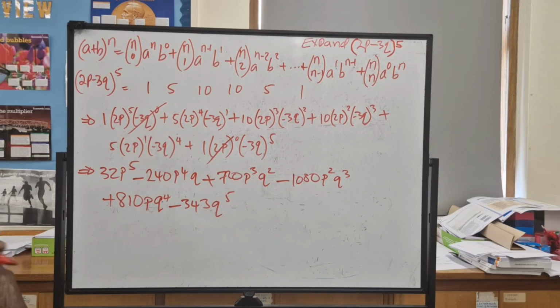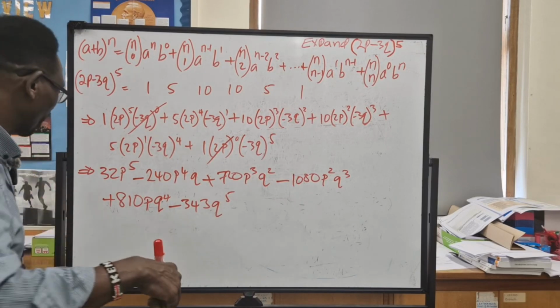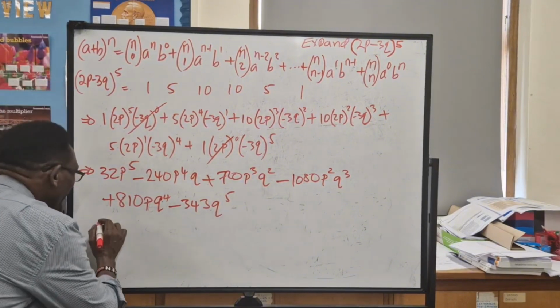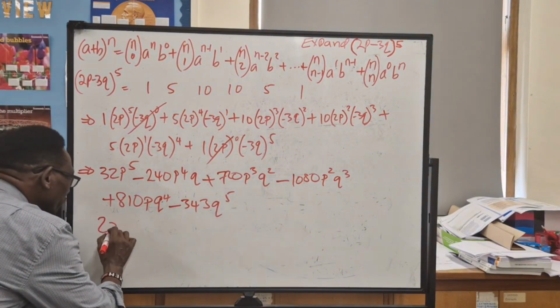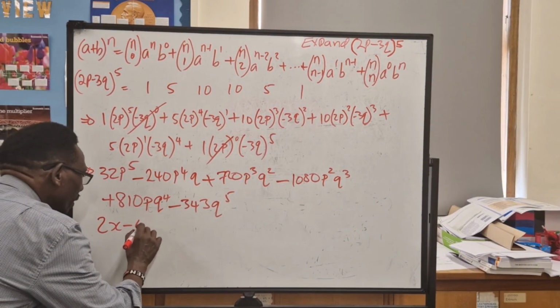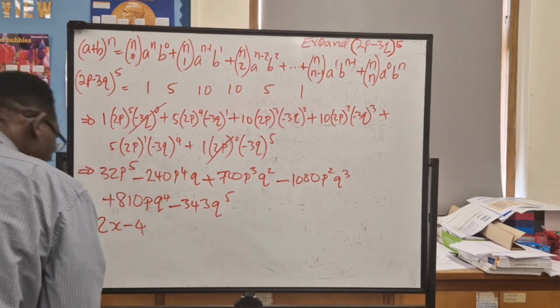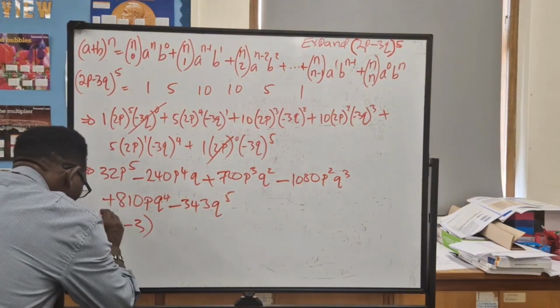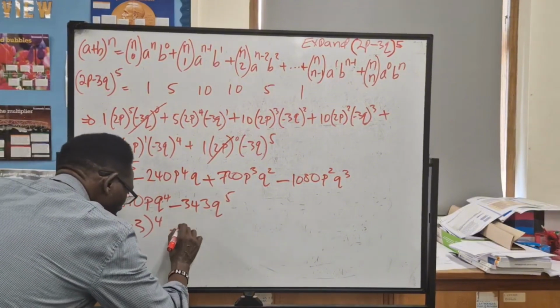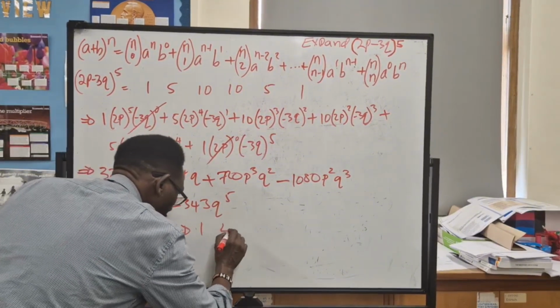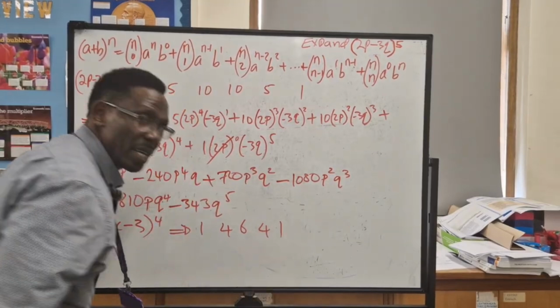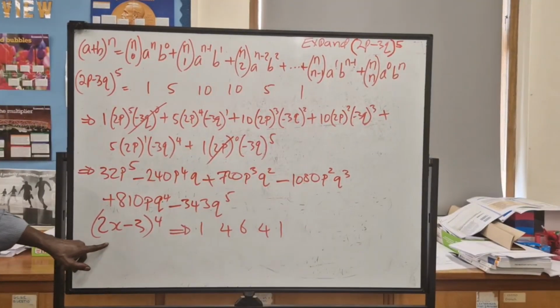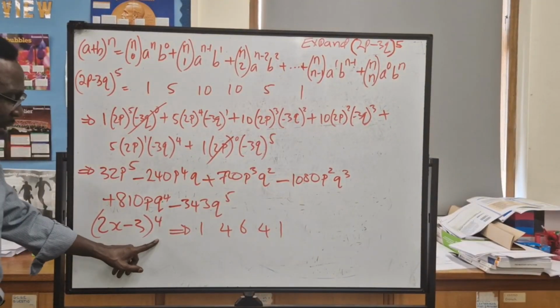And what I want you to do now is try this one for me and put it in the comment section. I want you to do this exercise: 2x minus 3 to the power 4.